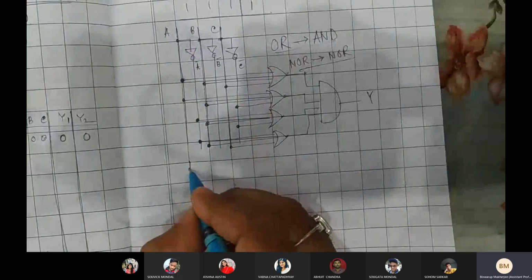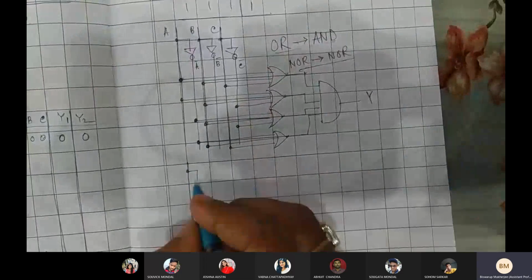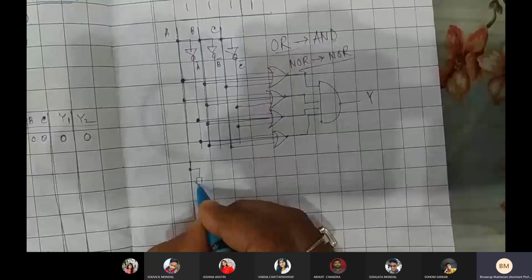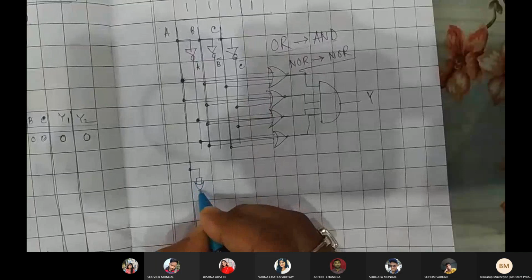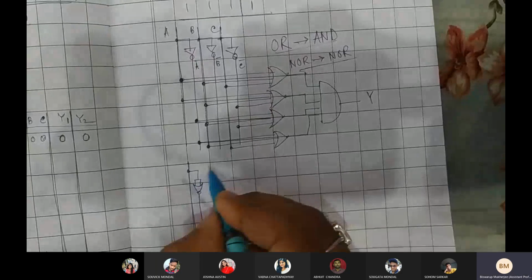So how to draw that one? Again the same way. একই রকম ভাবে draw করবে. It's very easy. Keep the same circuit as it is. একই রকম ভাবে সার্কিটটা থাকবে. So instead of NOT, just use the NOR. Just use the NOR as it is.